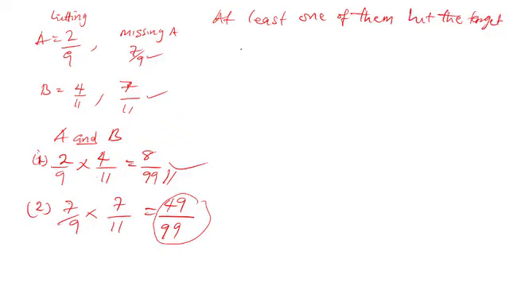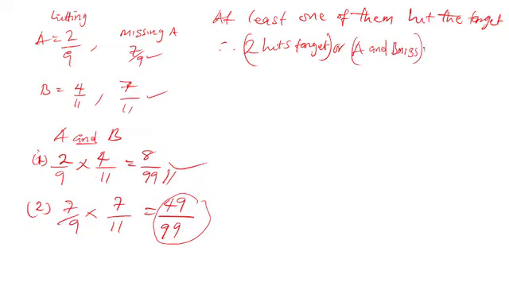If they say at least one hit, then it is either the two of them hit the target, or A hits the target and B misses, or B was the one that hits the target and A missed out.